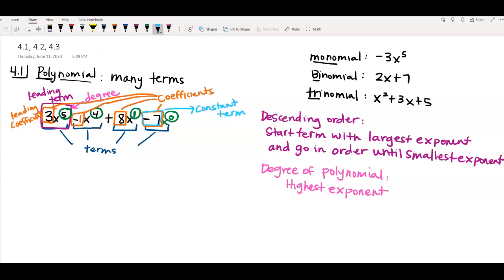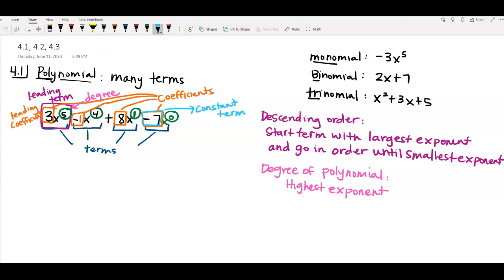It doesn't matter what x is. If x is 1,000 and I raise that to a 0 power, that's just 1, and then I take 1 times -7, that term stays as -7 no matter what. That's why we call it the constant term. So you'll see that in verbiage used sometimes too.